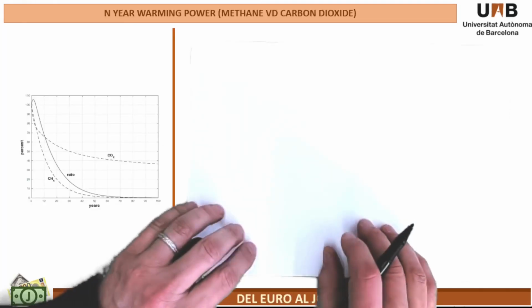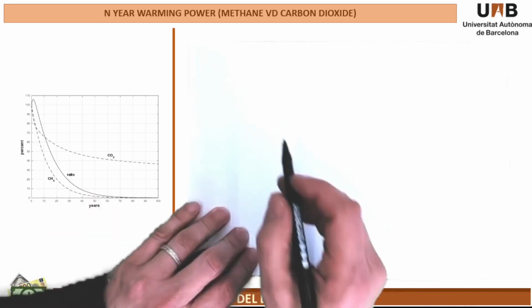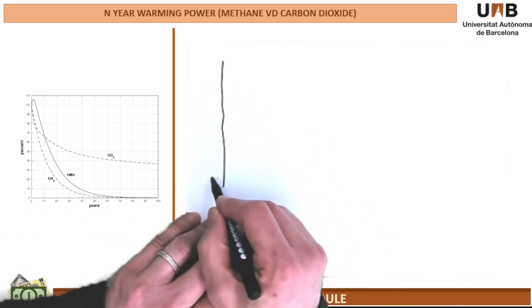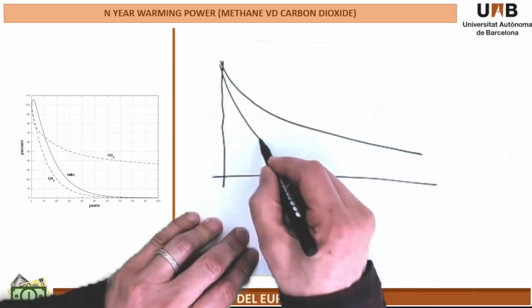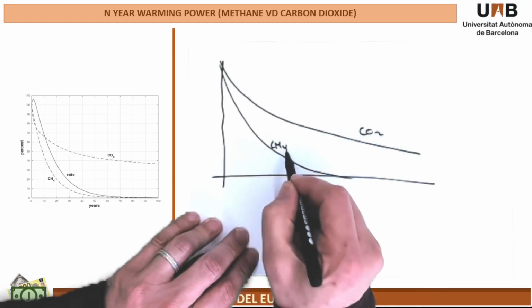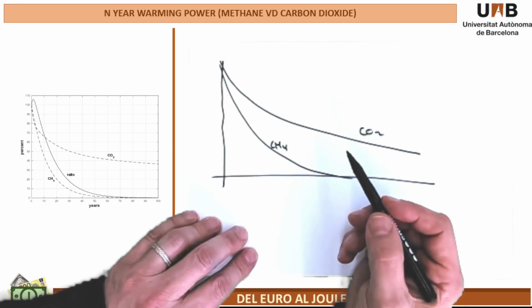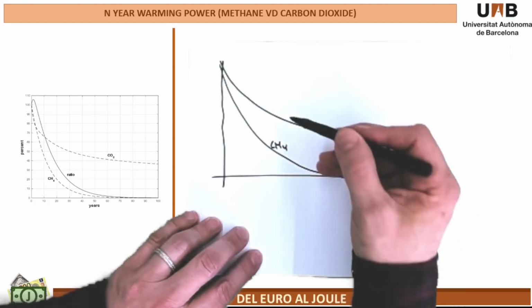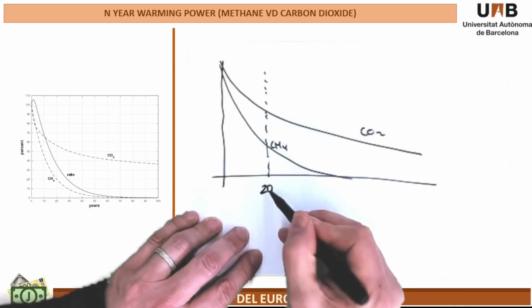To obtain the different importance of the two molecules with time, a thing that we can do, with CO2 and CH4, is to make averages over different amounts of time. So, for example, let's take 20 years.